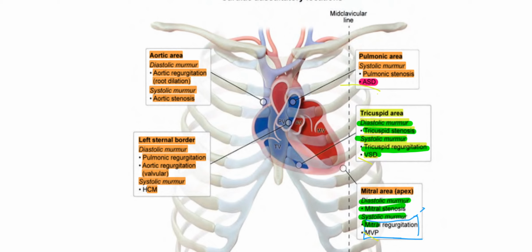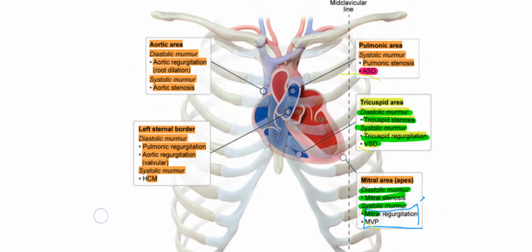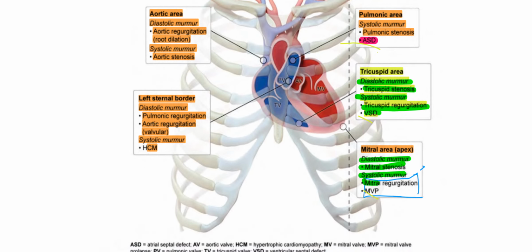Then, in the same fifth intercostal space, but at the apex level, in the midclavicular line, that is considered as the mitral area, the apex of the heart, right? We can hear diastolic murmur from mitral stenosis, and systolic murmur from mitral regurgitation and mitral valve prolapse.